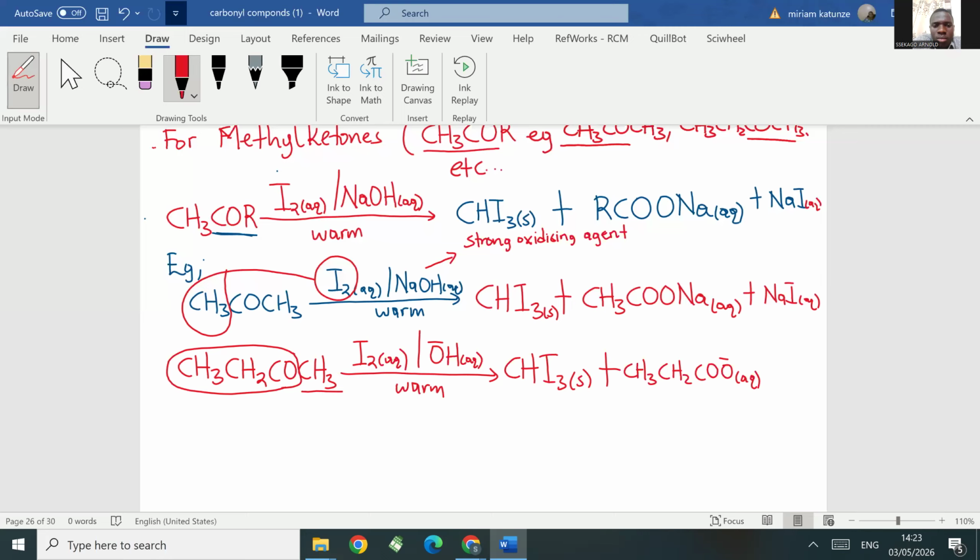However, they are not oxidized generally. It splits this so that you have a beta leaving group. This part here is the beta leaving group. It leaves very well so that oxidation occurs smoothly. So in this case, what am I emphasizing? I'm saying iodine and sodium hydroxide make a very strong oxidizing agent, moreover on warming.